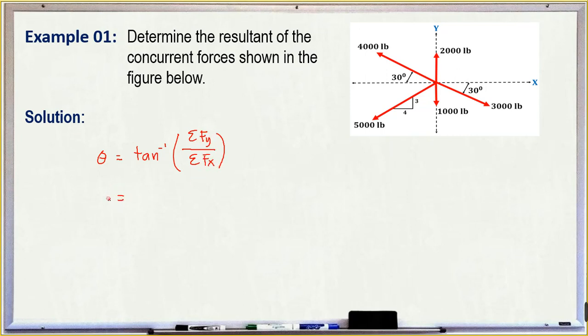Now, here you can take the absolute value. As you notice, our answers for the summation of forces along y and the summation of forces along x are both negative.